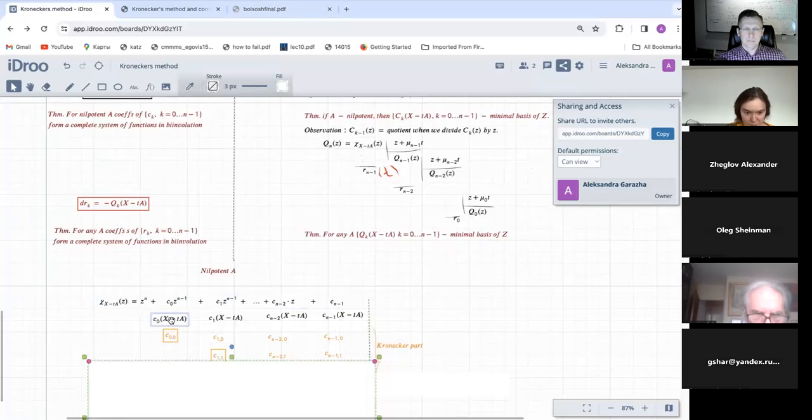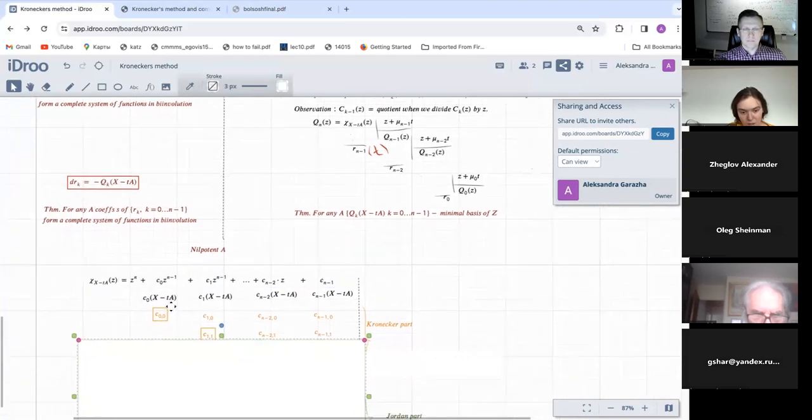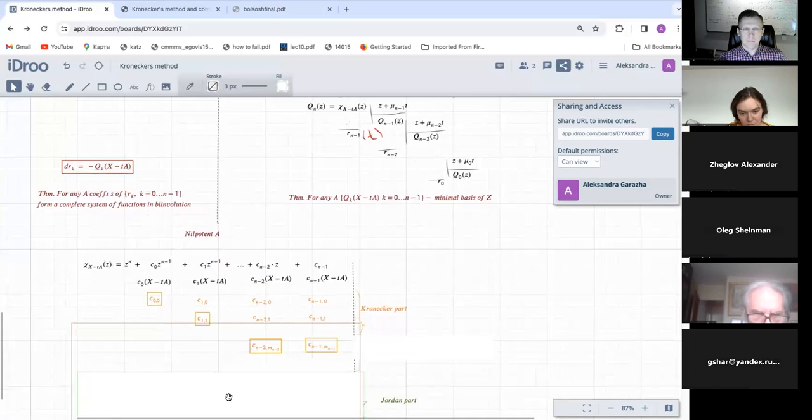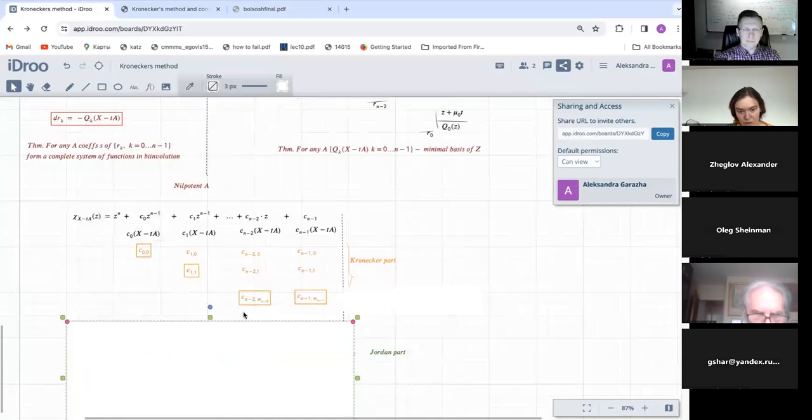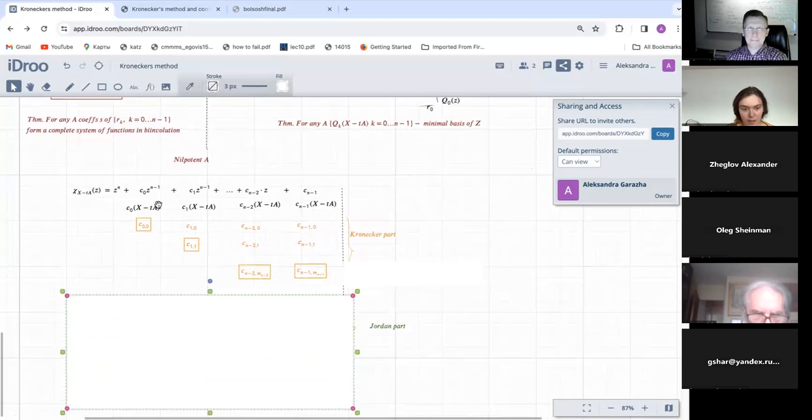So it means that we take the coefficients of this polynomial, and when we take its coefficients over the variable t, we will obtain some elements, some functions, and these functions form a Kronecker part.